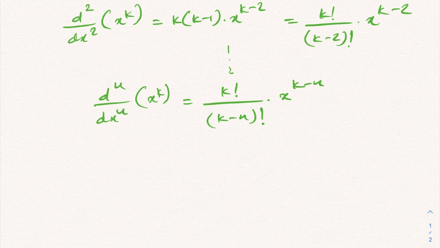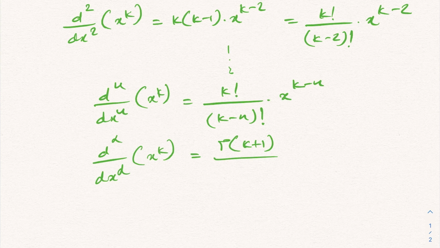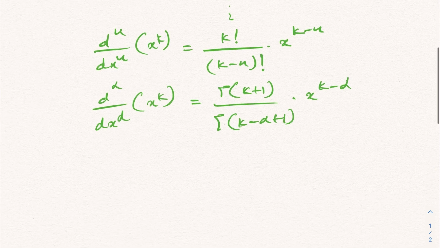So for fractional part, if we take alpha, d alpha over dx to the alpha x to the k is equal to, we know, gamma of k plus 1 over gamma of k minus alpha plus 1 times x to the k minus alpha.